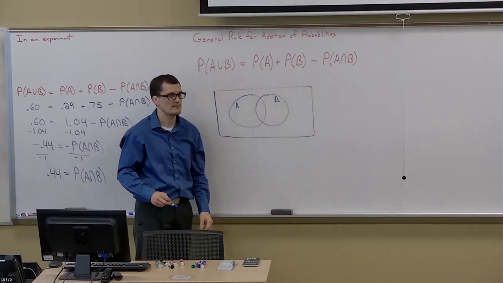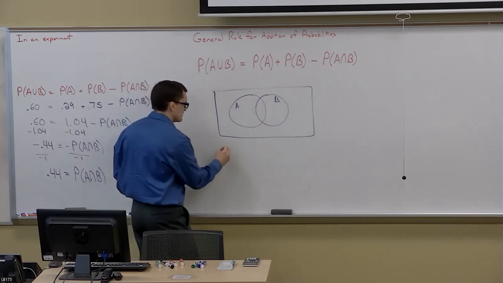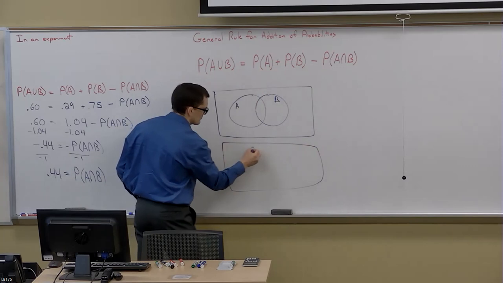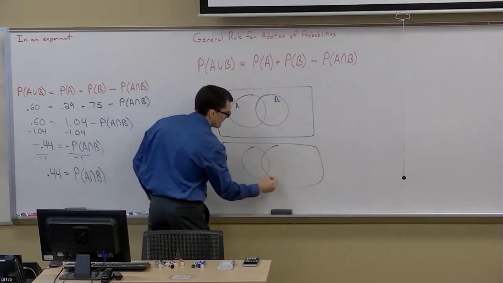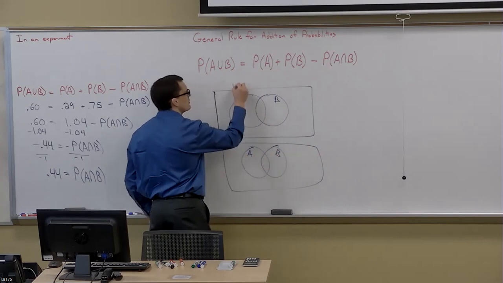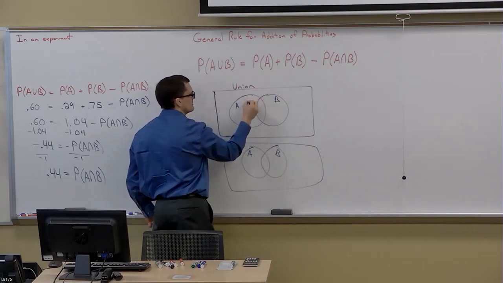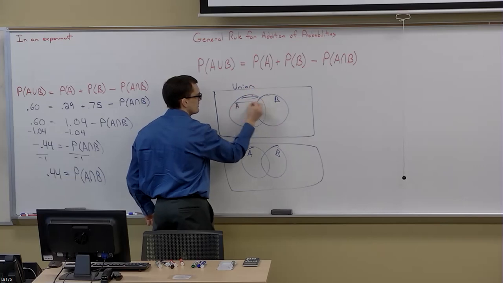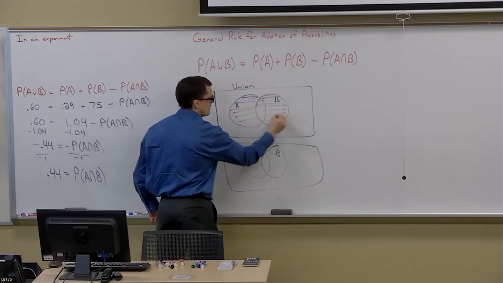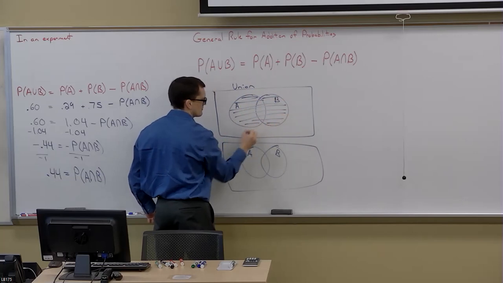Everybody follow that? And the intersection, well, let me just draw two diagrams, one below the other. So if you think about the union, it is all of the stuff inside both circles.